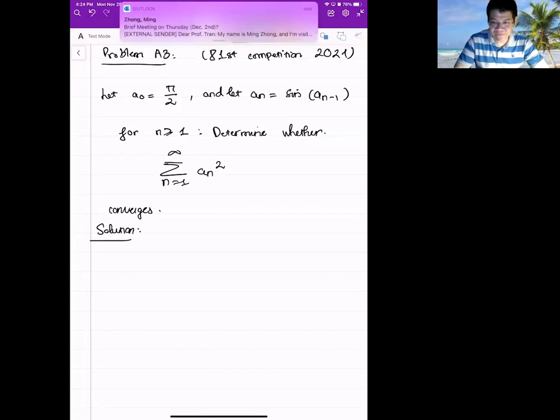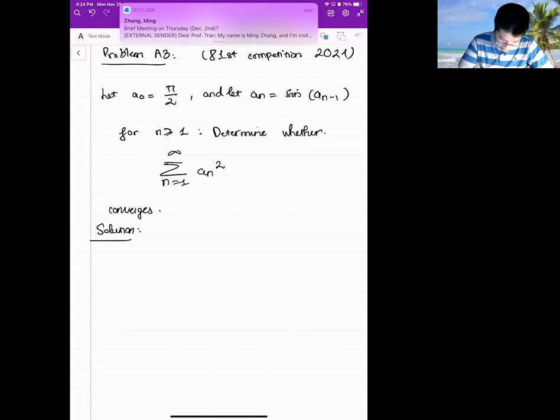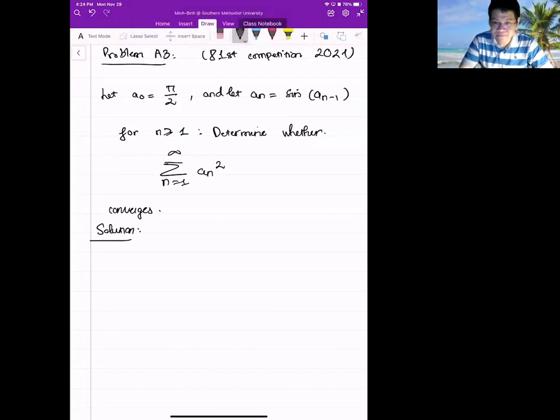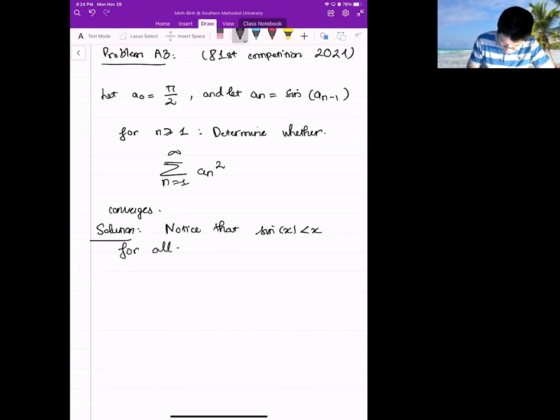So first we notice that we have sine of x is smaller than x for all x bigger than 0. So this is the first thing that we see.